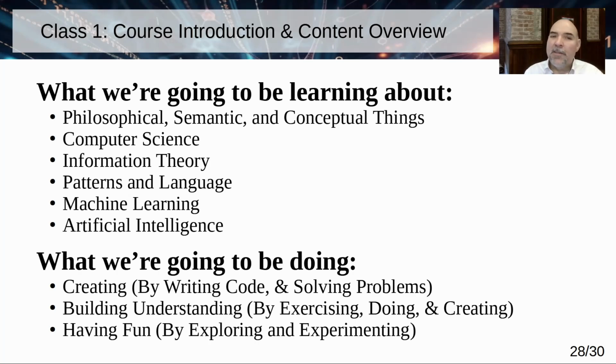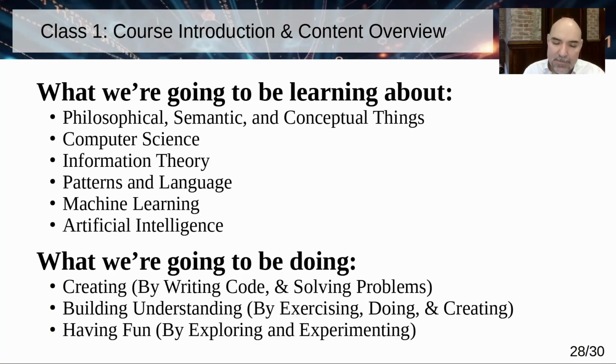And ultimately, at the end of the day, you can tell that from the title of the class, we're going to be doing artificial intelligence, machine learning, and all of the shades of gray in between those two things, and that's what we're going to be learning about.